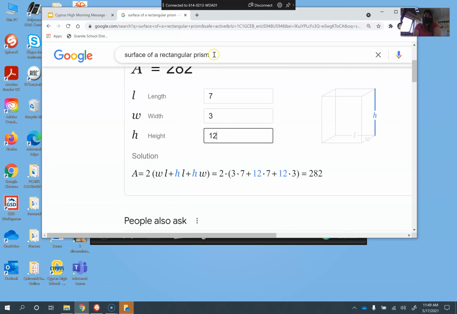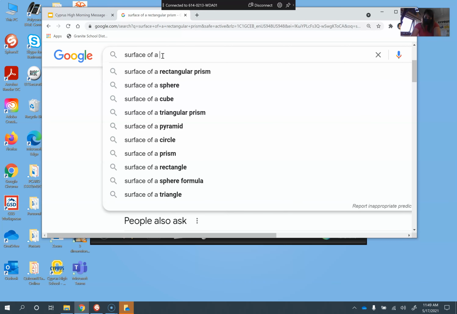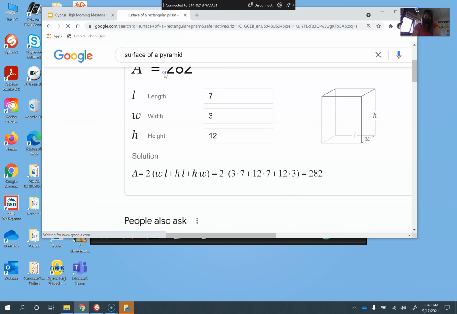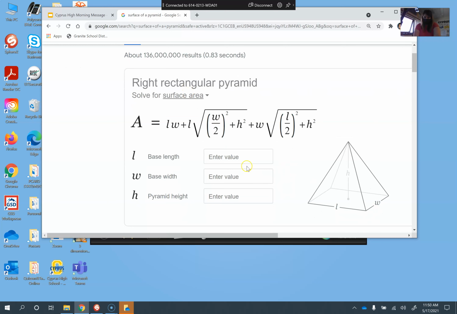Okay, next one, I'm going to check my answer. I got 242, so this one is a pyramid. So I enter in my length, and notice that Google highlights what part of the thing it is, so that would be 10. My width is 8.